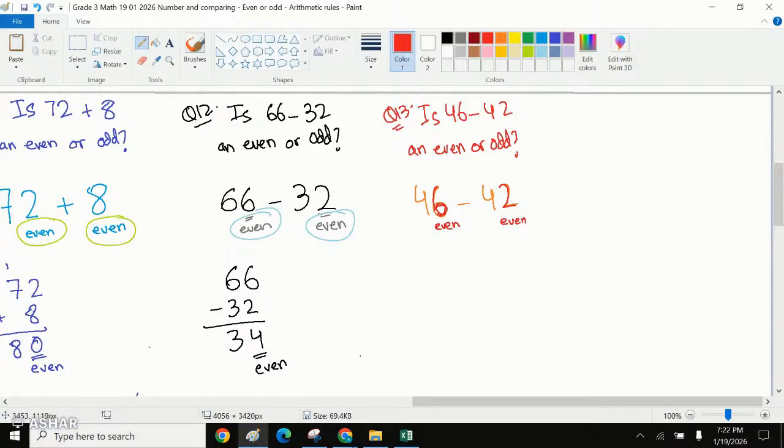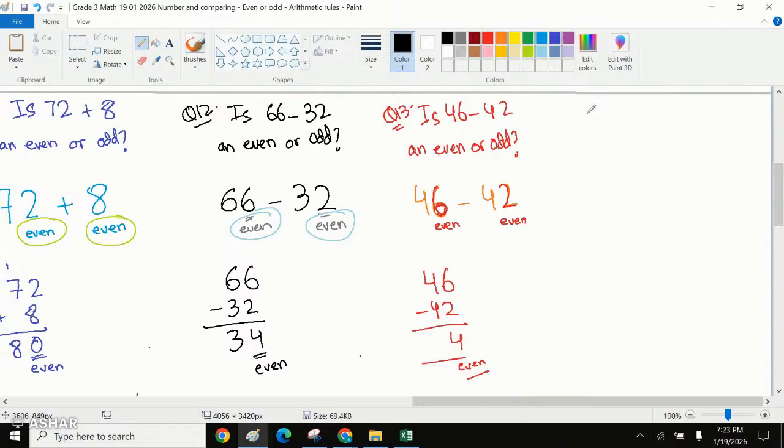And we know the rule that whenever both the numbers are even, the result will be even as well, right? That means 6 minus 2 was 4, and 4 minus 4 is 0. That means it ends with a 4, that is an even number. Agreed?